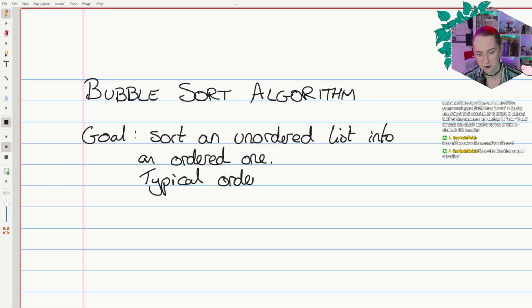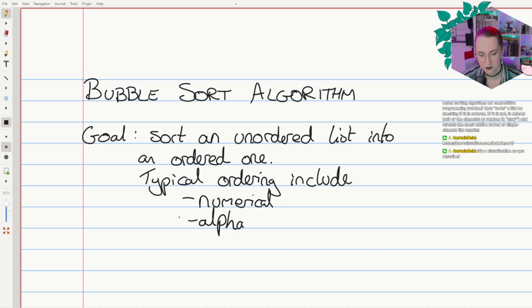Typical orderings include numerical or alphabetical, but basically something that has a very clear structure. So maybe you're sorting dates, earliest to latest, latest to earliest. Maybe you're sorting heights, smallest to biggest.